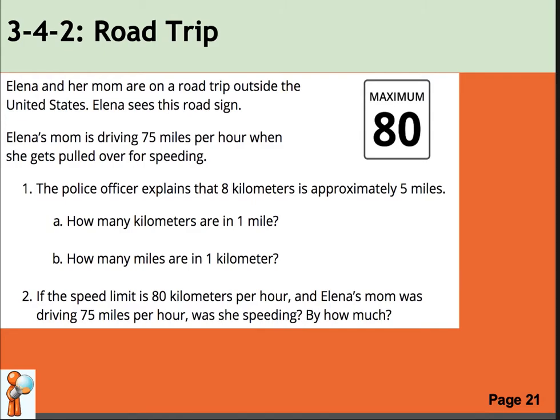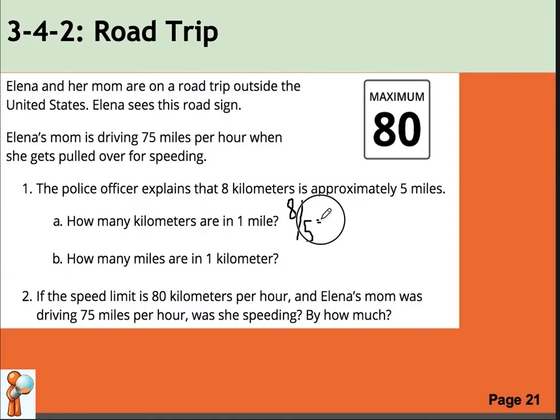So in that case, how many kilometers are in 1 mile? Remember that we've been learning about rates. In order to figure this out, we're going to divide our kilometers by our miles. Kilometers over miles. For this, you can leave it in the form of 8 over 5.